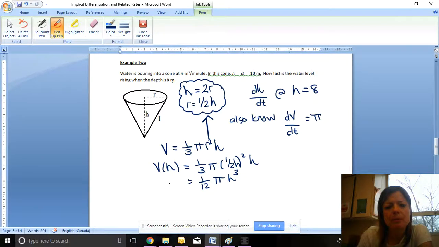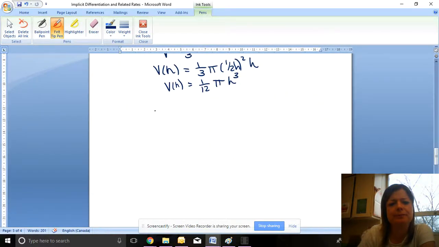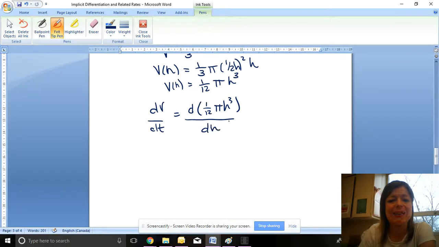Okay, and now we want dH dt. So we can take the derivative of this. So dV dt equals, now we have to take the derivative of this with respect to h, and then multiply it by the derivative of h with respect to time, and this gives us dV dt.